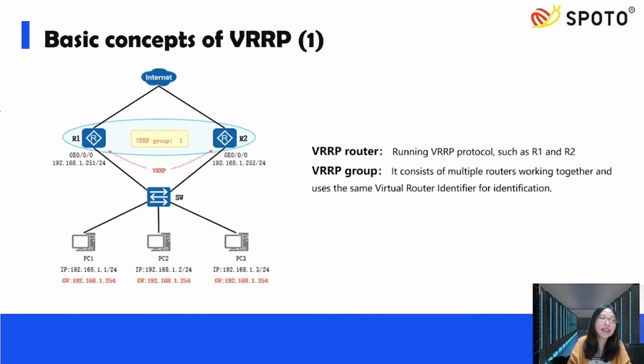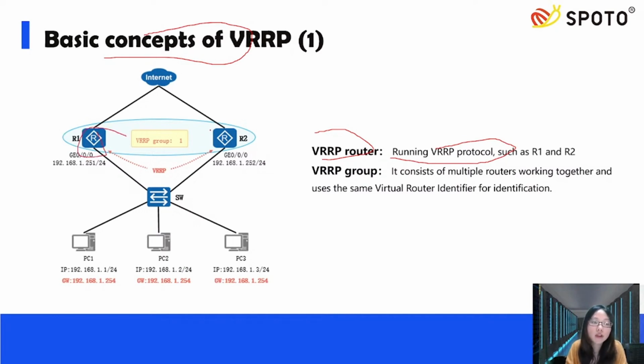Let's see the basic concepts of VRRP. The first is the VRRP router. What's a VRRP router? It means a router running the VRRP protocol, such as router 1 and router 2.